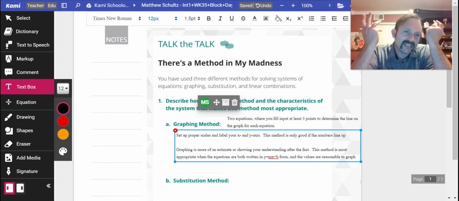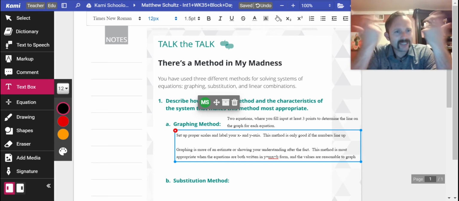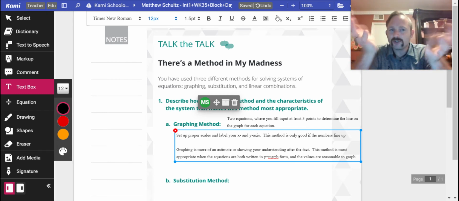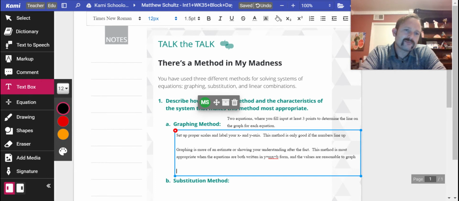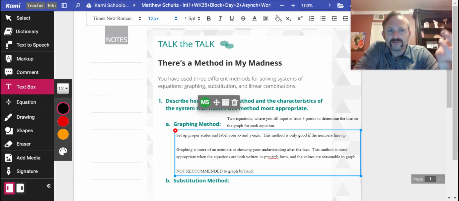So if they hit at 25.5 and you try to graph that, you can't really estimate that on your graph if you're drawing it by hand. Not recommended to graph by hand. You shouldn't be using a graph by hand. If you are, you should have a ruler, okay?